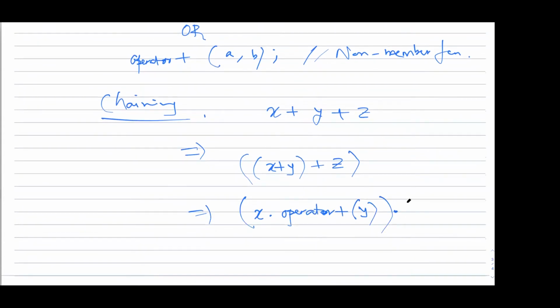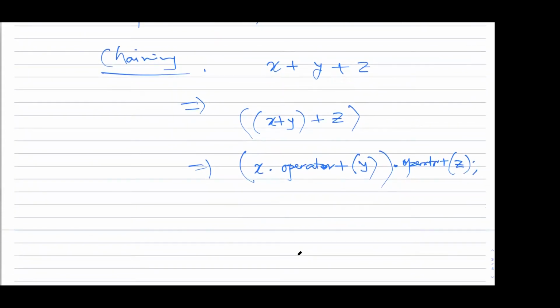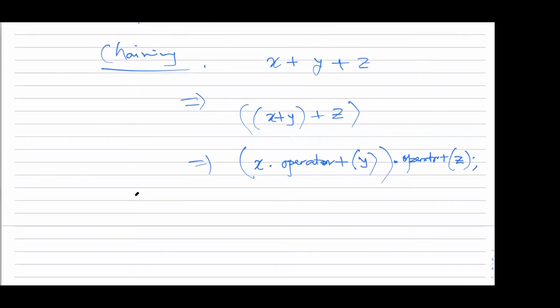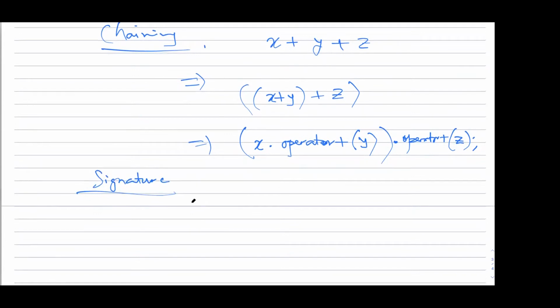And then on that, you're calling operator plus passing in z. Okay, is that clear?